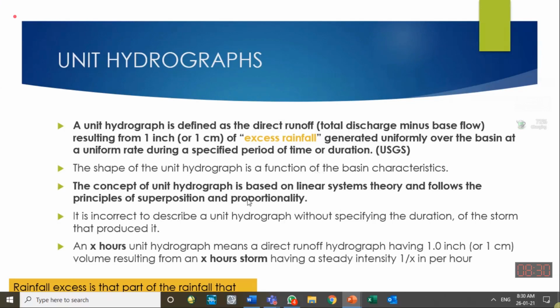The unit hydrograph, as you were informed last time, is a very important thing in hydrology. A unit hydrograph is a representation of the behavior of the watershed.